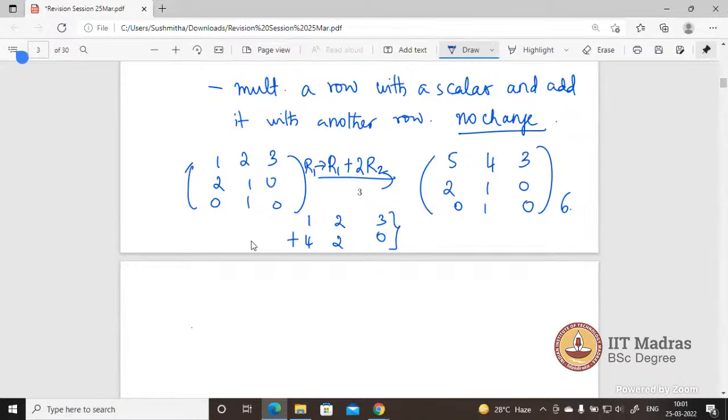So what is actually happening here is that you're doing R1 plus 2 R2. I'll write it in terms of column operations, which will be easier.